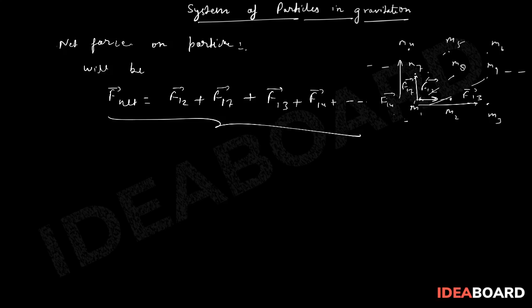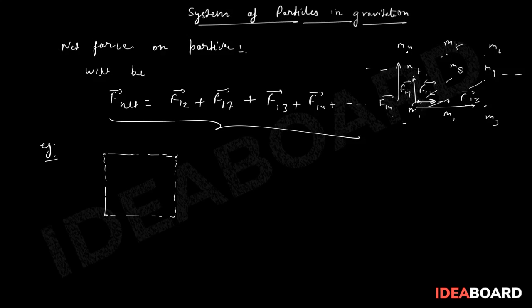Okay, so let's apply it in a question. Suppose that there are 4 particles separated by a distance a, in the shape of a square, and the side of the square is a, with 4 particles m, m, m and m.